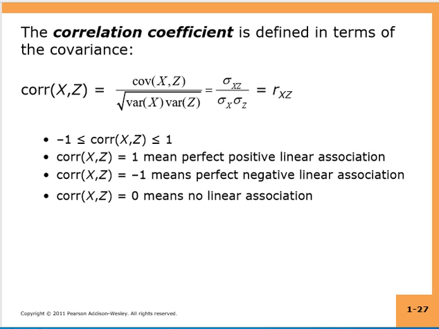That is, if it was varying exactly similarly, then you would have 1, and if it was varying exactly opposite to each other, then you would have a correlation of -1. So, correlation of xz equal to 1 means perfect positive linear association, and correlation of xz equal to -1 means perfect negative linear association, and if it is 0, it means no linear association.